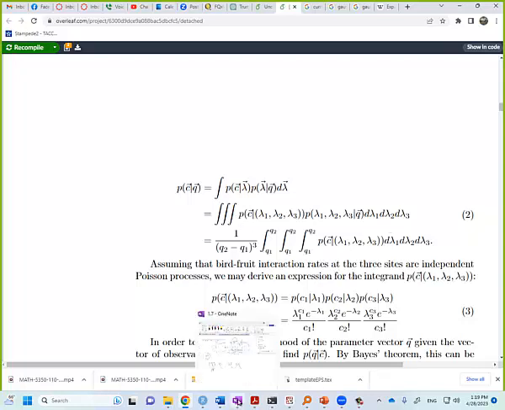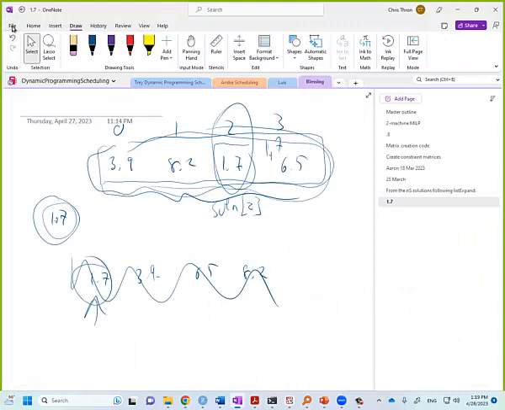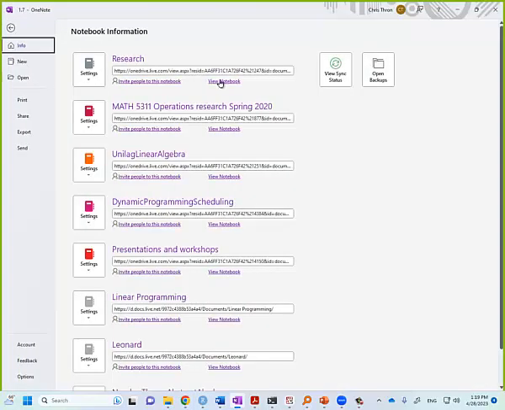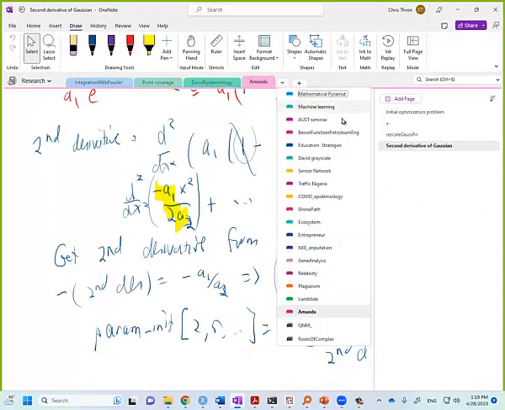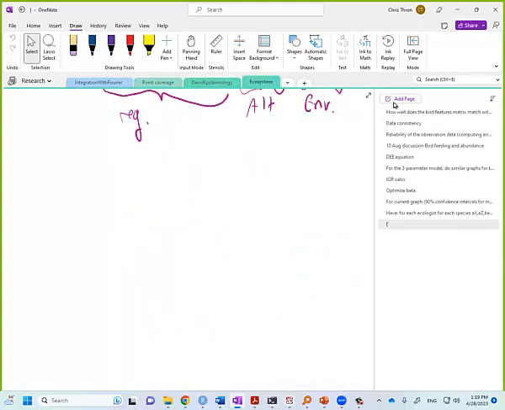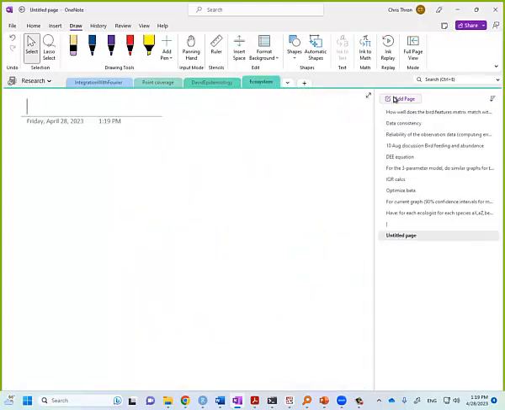Maybe I can draw a picture here. Let's take one location.